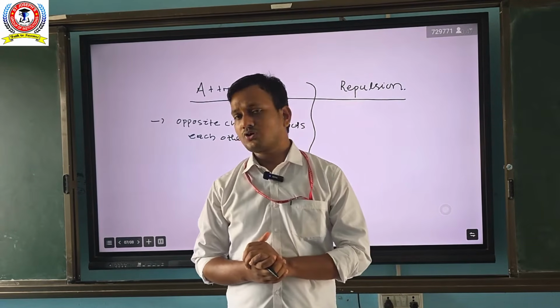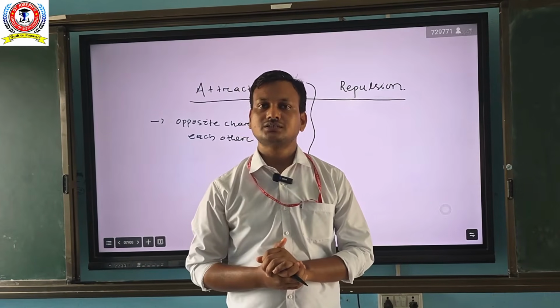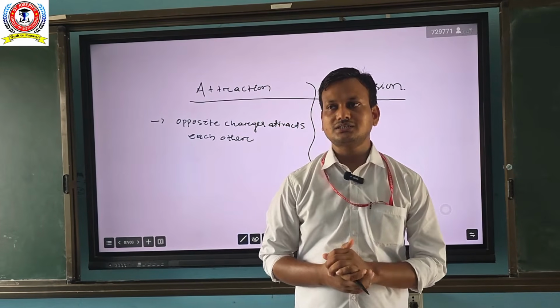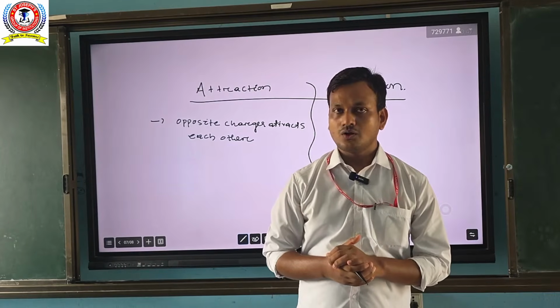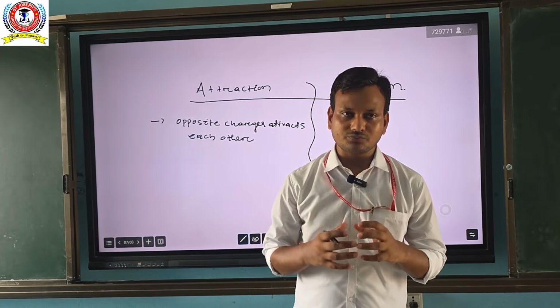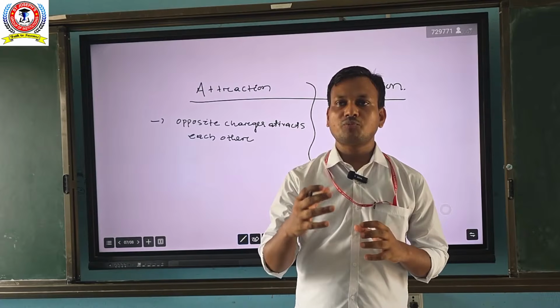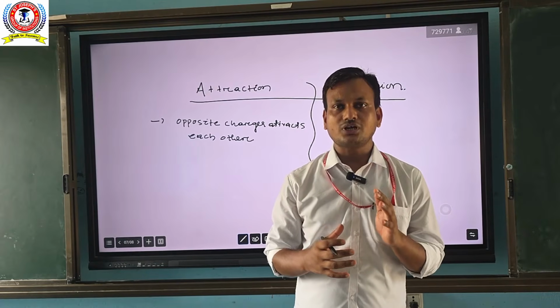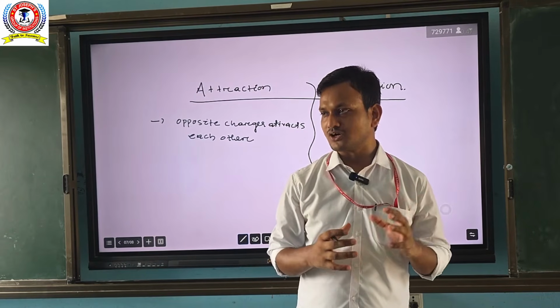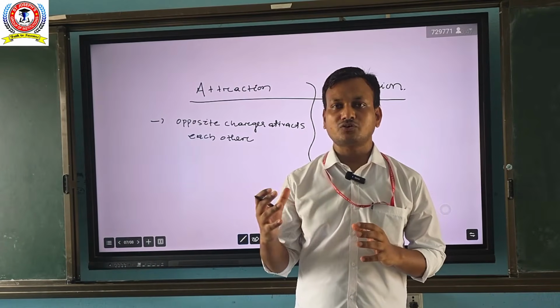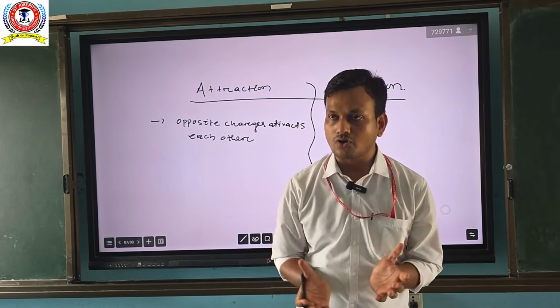Proton has positive charge, electron has negative charge and neutron is neutral. Neutral means the number of positive charges is equal to the number of negative charges. This state we call the neutral state.